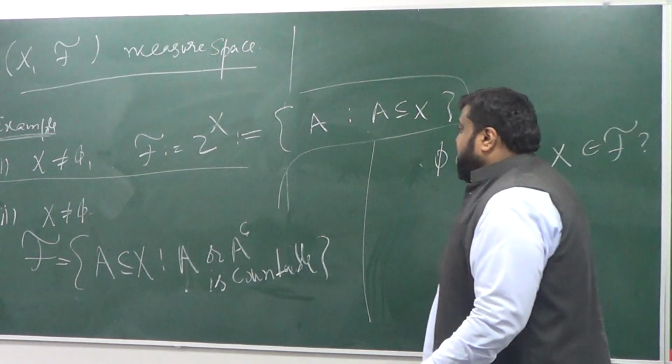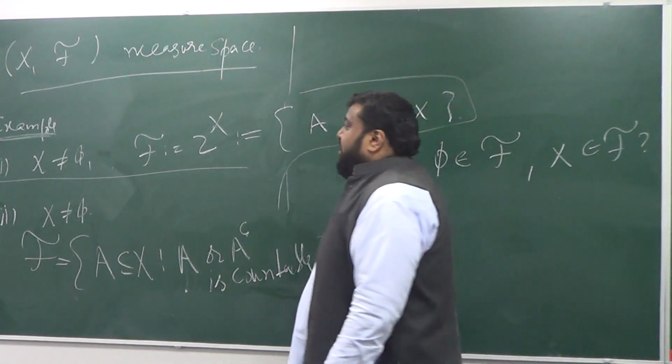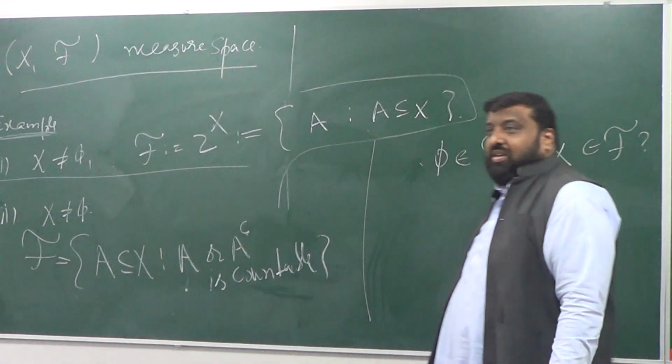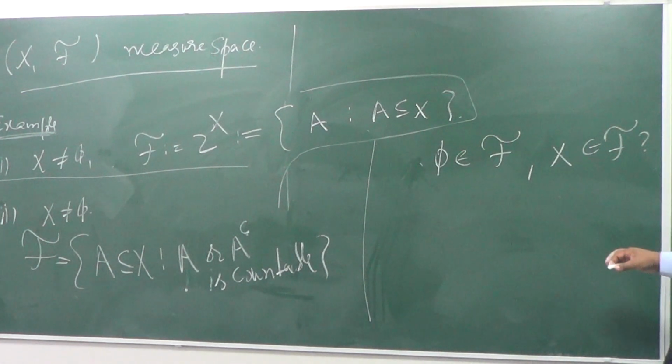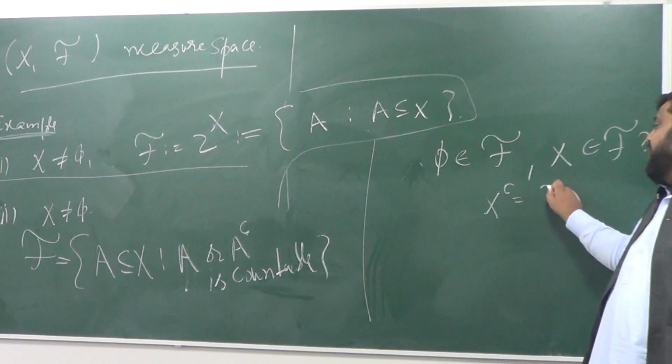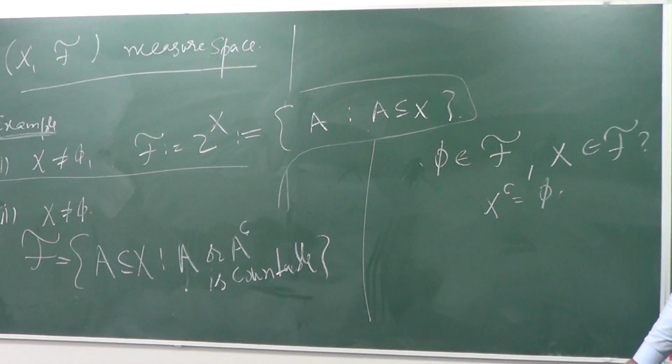The answer is no. Maybe X is the whole real line. But it has this beautiful property that X complement is the empty set. The empty set is countable. Yes, sir. So therefore X belongs to this space.